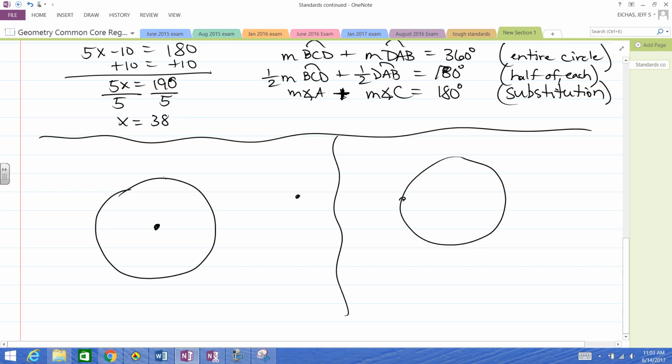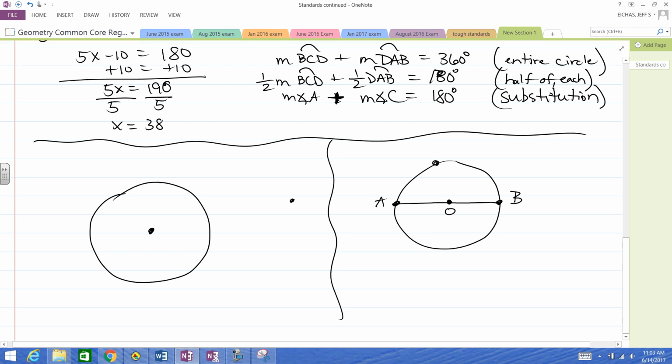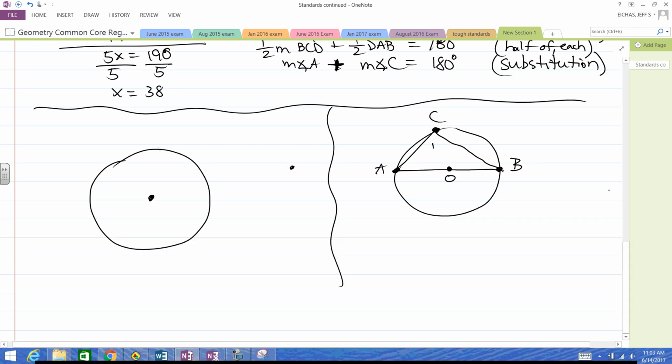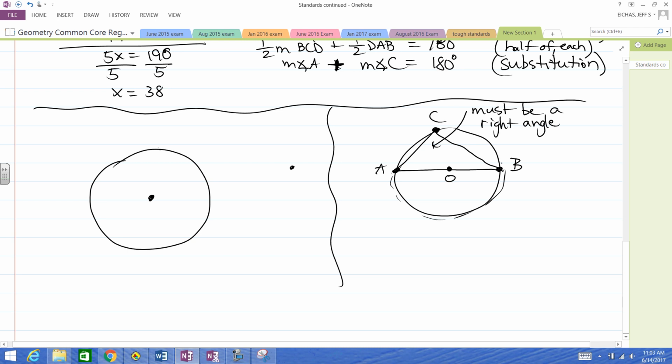If we had a circle and we established diameter AB on circle O, let's say, no matter where we place C, if you remember from our concepts, angle C must be a right angle. And we established this because it opens up to a semicircle, right?